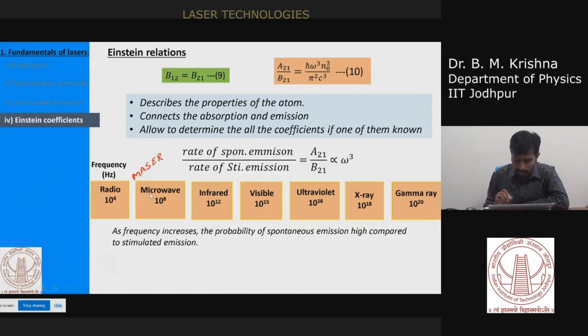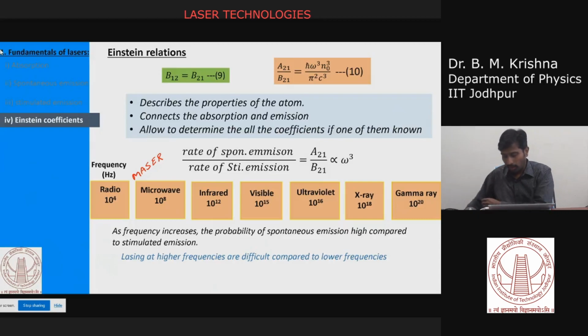Then over time we had infrared lasers, visible, ultraviolet, and we are now able to generate lasing action in X-rays also. The lower side is always easy because the frequency is much lower, so it is much easier compared to the higher frequencies.